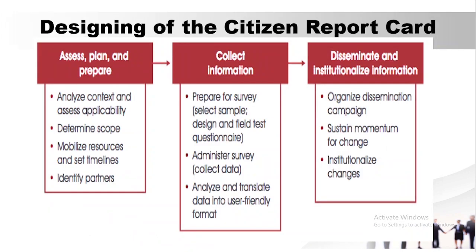So how do you design the citizen report card? You have three phases of designing the citizen report card, that is assess, plan, and prepare. Under assess, you have to analyze the context and assess the applicability of where you're going to do this citizen report card.